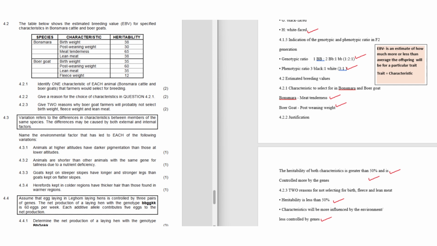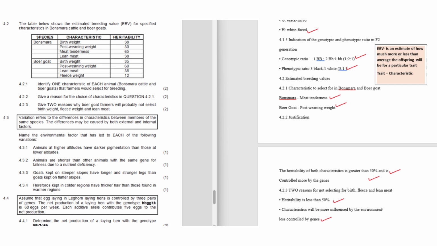For breeding, we have two animals, Bonsmara and the Boer goat. For Bonsmara, we choose the characteristic with high heritability, higher than all other characteristics.